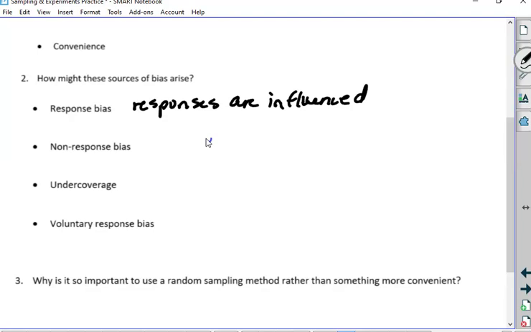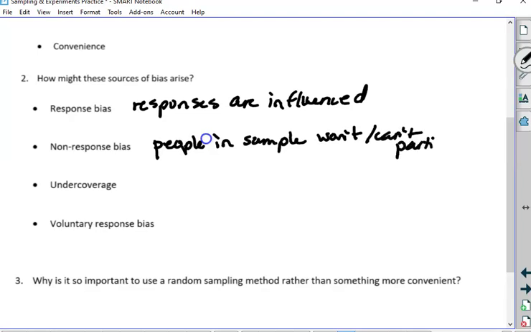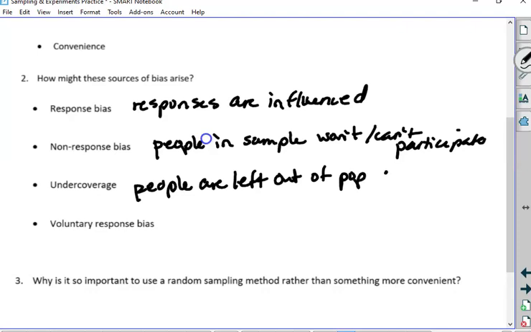Undercoverage just means certain groups didn't get asked to start with. They didn't get included in the sample. So this isn't the case that people in the sample won't or can't participate. This is people are left out of the population sampled.